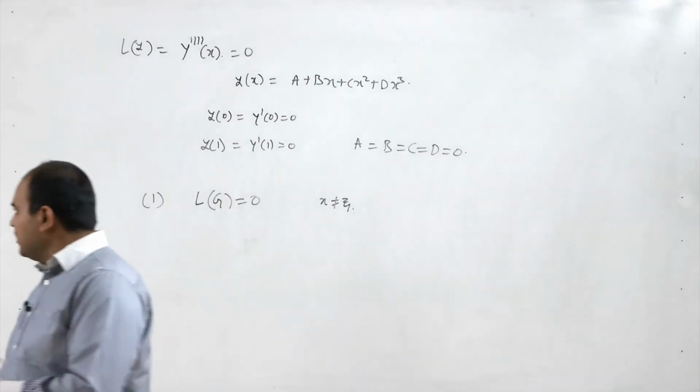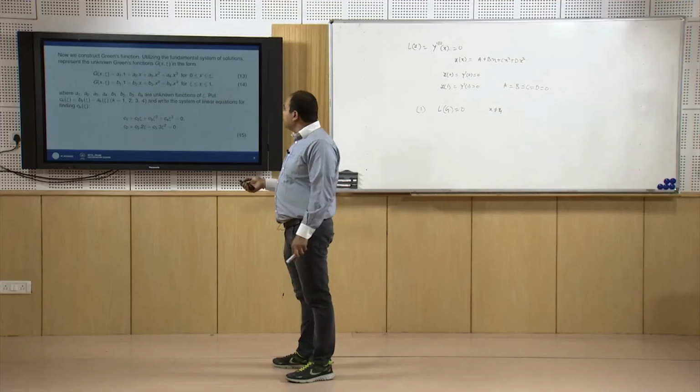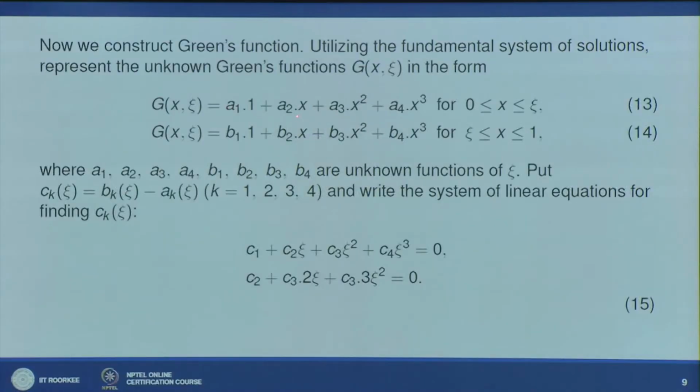So let us take G(x, xi) equal to a1 plus a2x plus a3x square plus a4x cube, with x lying between 0 and xi. Similarly we can define it for x lying between xi and 1. Here we need to find all these coefficients a1, a2, a3, a4 and b1, b2, b3, b4 such that they satisfy the certain conditions.